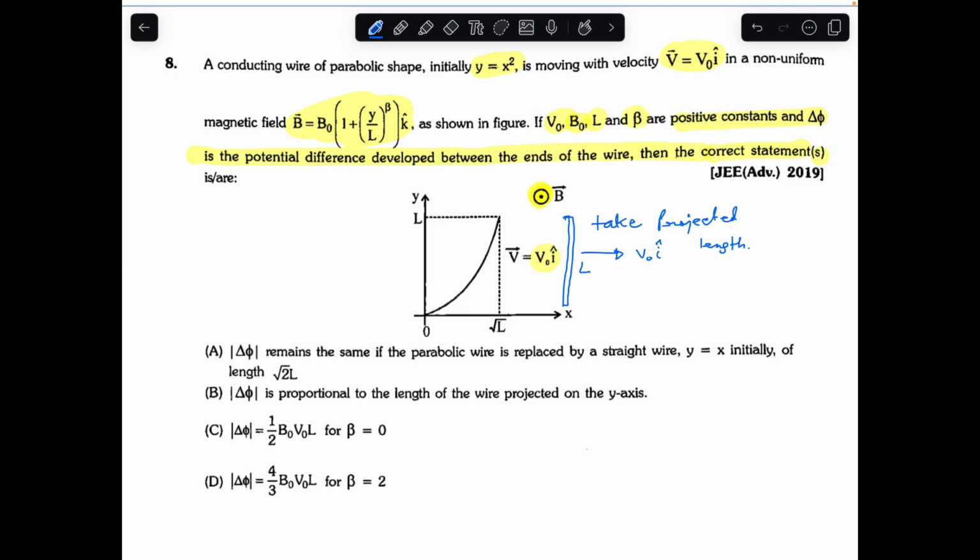Delta phi remains the same if the parabolic wire is replaced by a straight wire y equal to x initially of length root 12. So if I take y equal to x, length is root 12.